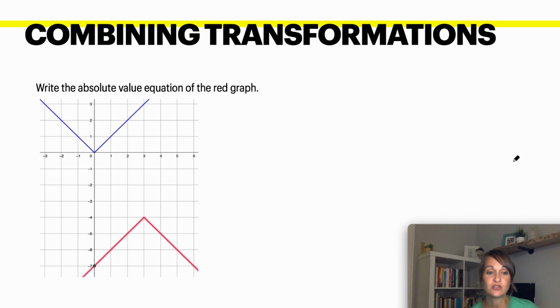So let's combine the transformations and determine what this new graph should look like. First, we moved it right 3. It moved down 4. And then it flipped.